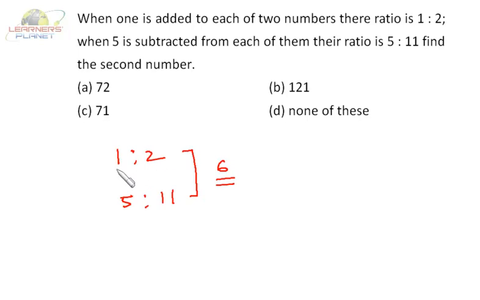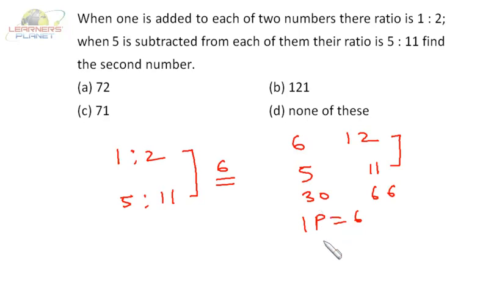So multiply both the terms by 6. Then it is 6 is to 12 and here it is 5 is to 11. And the difference between both of them is 6. And here we see the difference is one part. That means one part is 6. That means 5 parts is 30 and 11 parts is 66. But this ratio we are getting after subtracting 5.